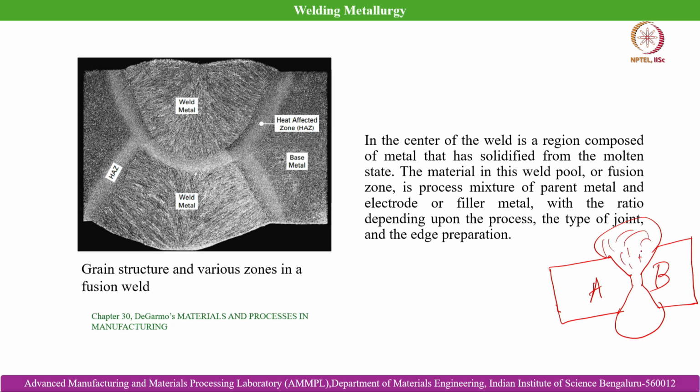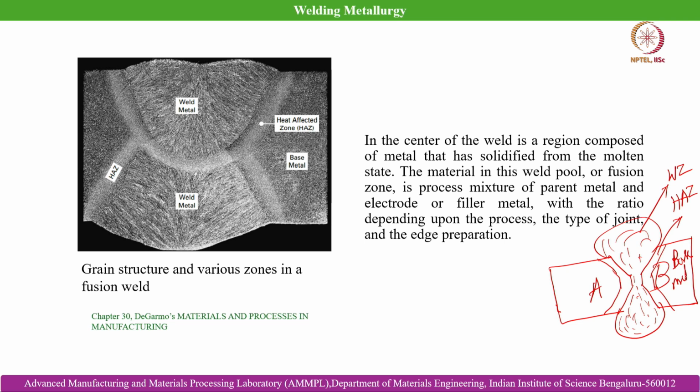This is the region where we can see much finer grains because of the rapid solidification and cooling rate involved, and there is an adjoining region, as shown over here. This is the heat affected zone, the HAZ, and this is the weld zone, and this is the parent metal or base metal.